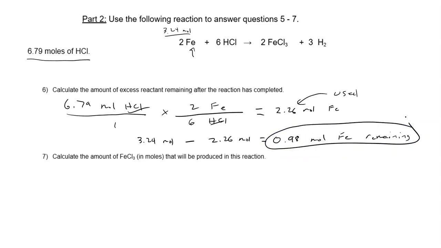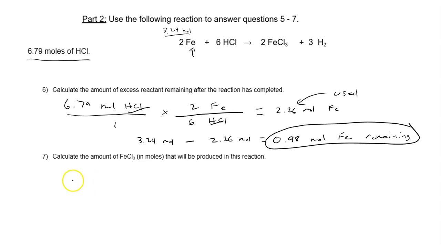Okay, and number 7 says calculate the amount of iron chloride in moles that will be produced in this reaction. So all we're going to do is the same thing, but we're just predicting how many moles of iron chloride. So again, everything's already in moles. Our answer needs to be in moles, so we don't need to worry about molar masses.